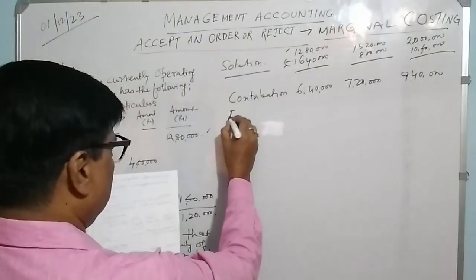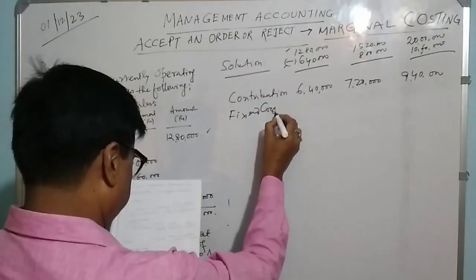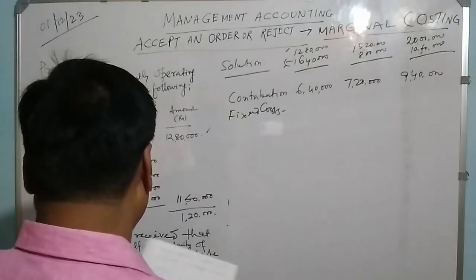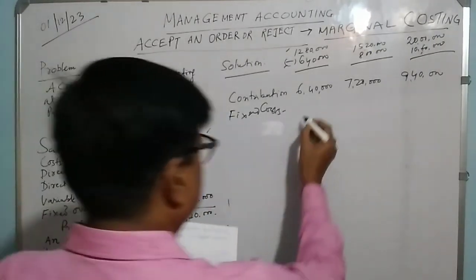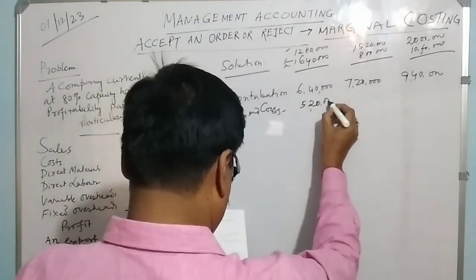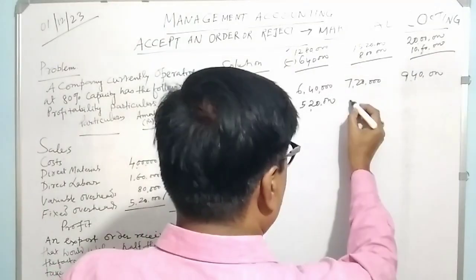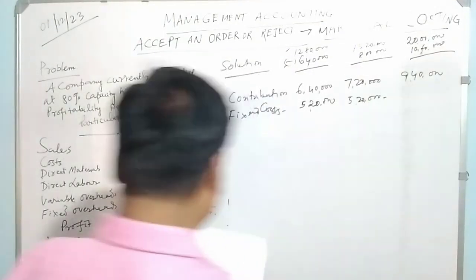From there you have to deduct the fixed costs. So what were your fixed costs? You see that in the existing domestic product case, your fixed cost was 5,20,000. So here also 5,20,000 will be there, right?